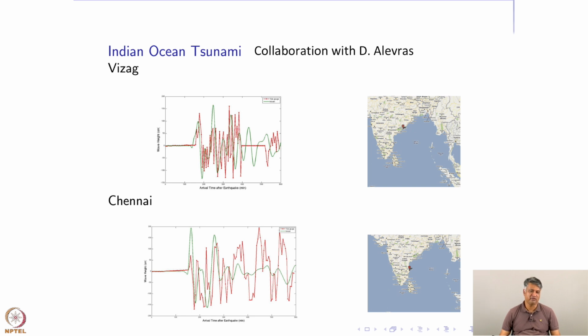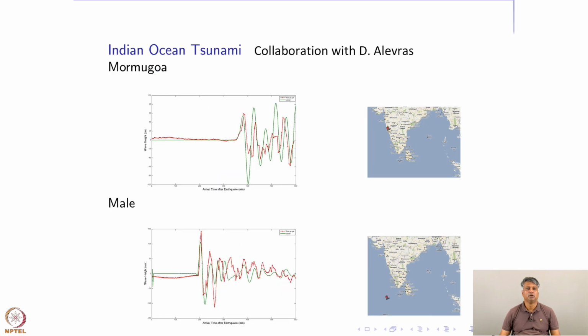In the city of Chennai, the arrival time was predicted correctly, but the arrival height was over predicted. In Goa, arrival time and arrival height was predicted reasonably well, and also in the Maldives. So it gives us enough confidence that this particular code is giving us reasonable data despite making several assumptions.